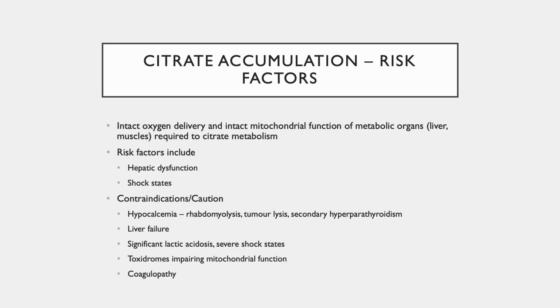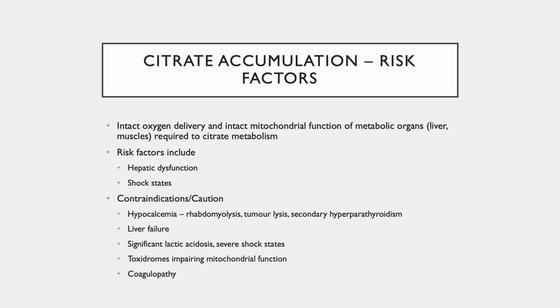So why does citrate accumulation occur, and what are some risk factors? If we think about it, apart from being cleared away by the renal replacement therapy circuit, the body plays an important role, specifically organs like the liver, in metabolizing citrate.